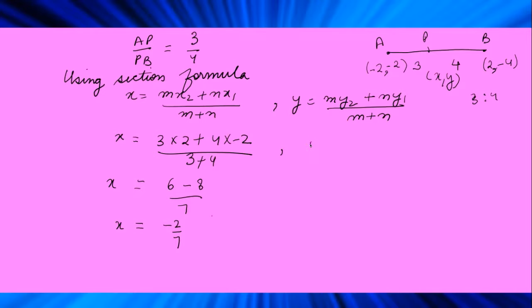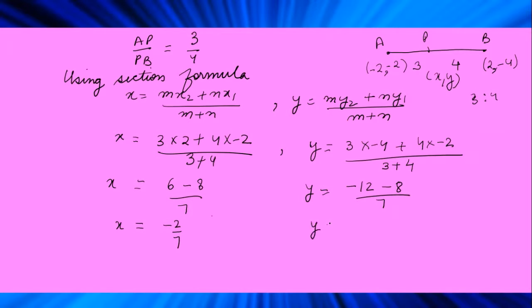And here do it, y is (3 into -4 plus 4 into -2) upon (3 plus 4). So y is (-12 minus 8) upon 7, or you can say it is -20 upon 7.